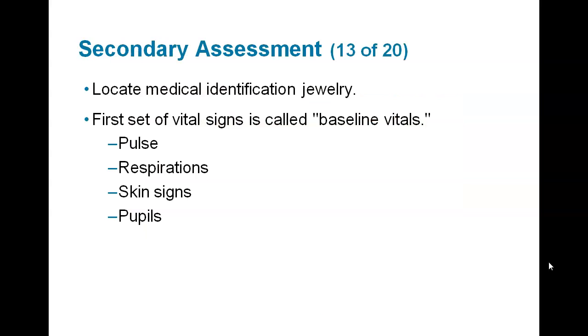All right, also during the secondary assessment, you're looking to see if the patient has any medical identification or jewelry. This could be a necklace or a bracelet that's identifying any type of medical issue. And then you're getting that first set of vital signs, which is called the baseline vitals. This is pulse, respiration, skin signs, and then you're assessing pupils.